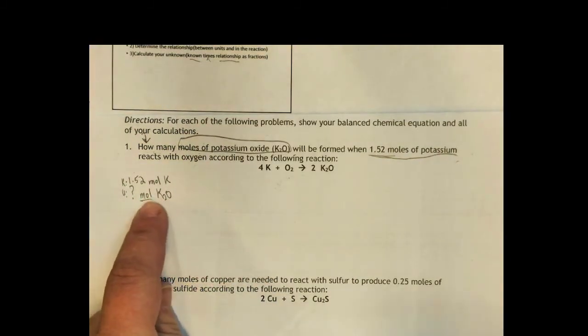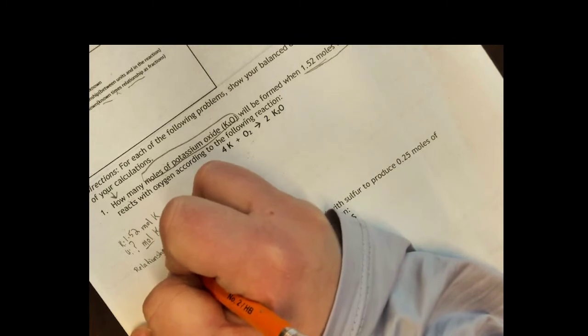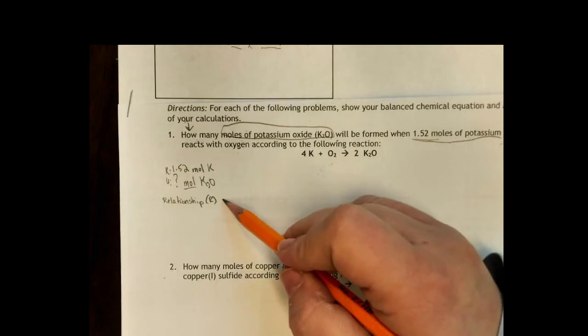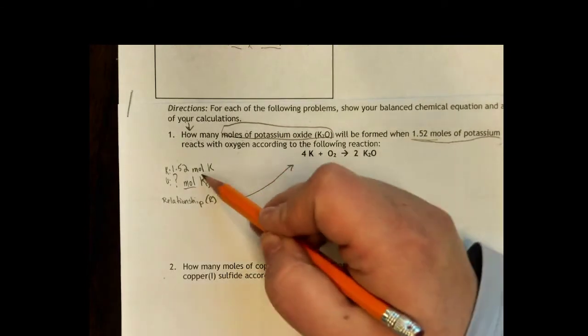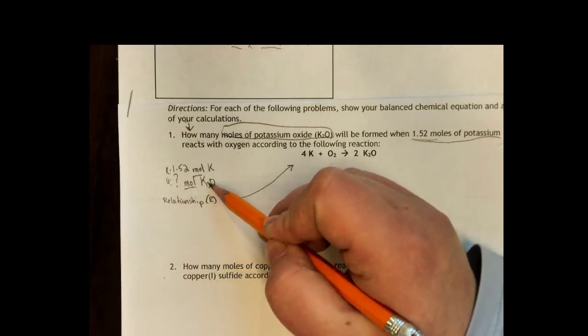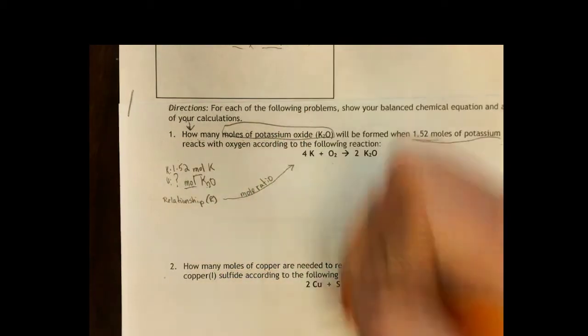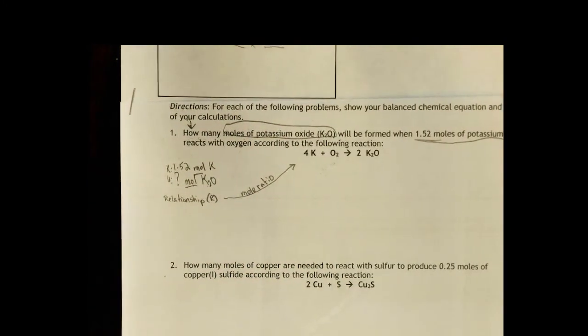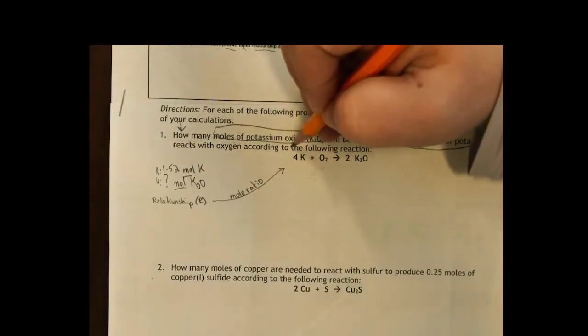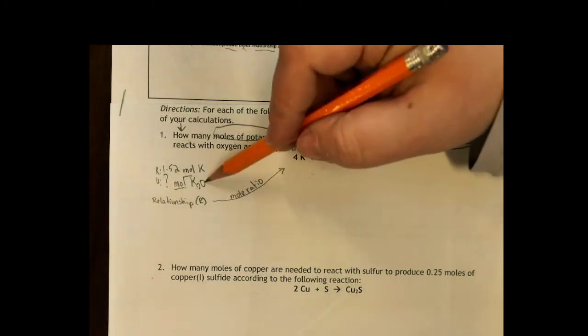With our known and unknown, now we're looking for a relationship. Now you can write it out, or you can just circle it in your balanced equation, because this is going from one type of mole to another type of mole, moles of K to moles of K2O. So to get mole ratios, we always go to the balanced equation, and we circle the coefficient and the formula of both our known and unknown.